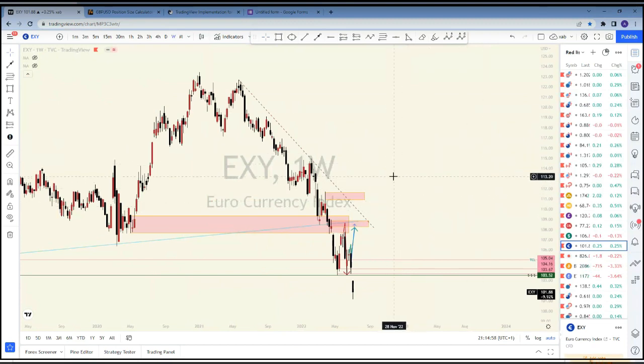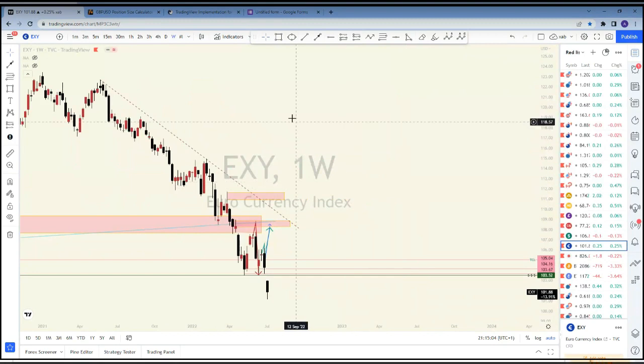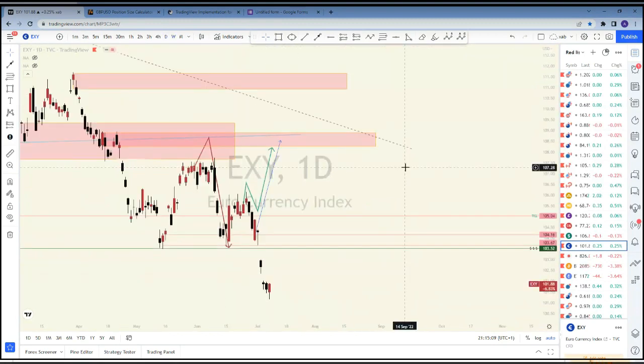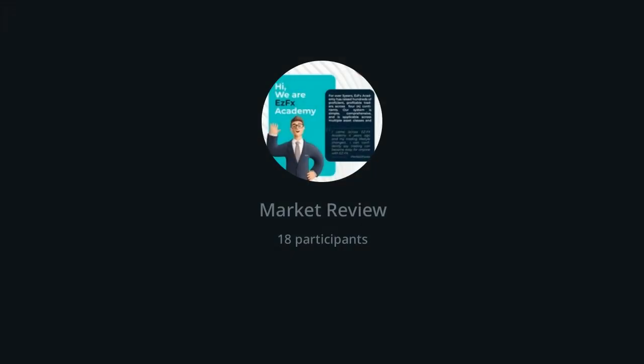So let's see what plays out in the next couple of days. At least I think we're still quite bearish on euro. EXY, we're bearish. Although price might want to play a few tricks and then maybe do this before going lower, I think the overall bias is still bearish.